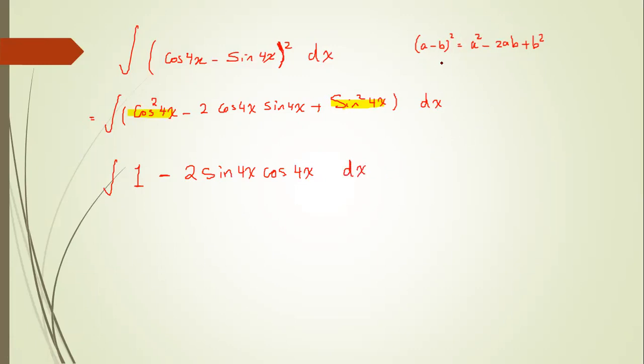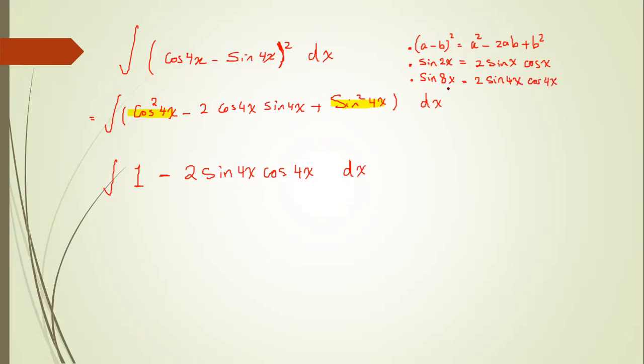If you remember, guys, this identity, the double angle: sine 2x is equal to 2 sine x cosine x. In our question we have 4x, not only x. So what should it be here? If it's 2x, it gives 1x; if it's 8x, it gives what? 2 sine 4x cosine 4x.